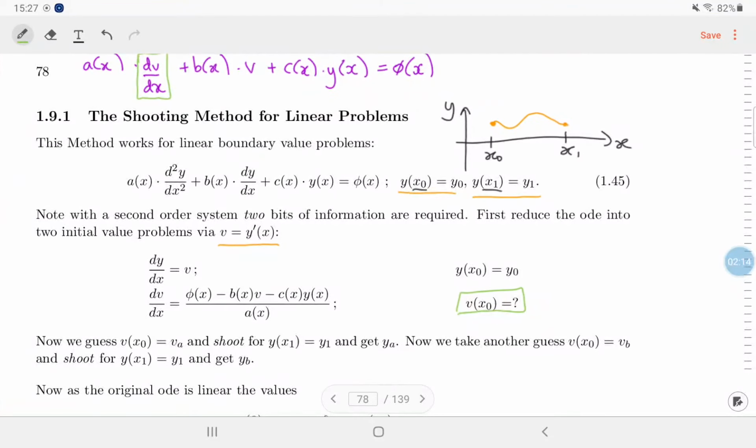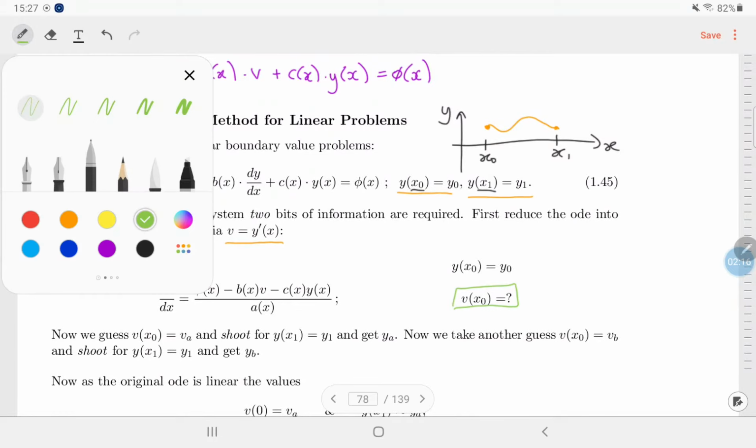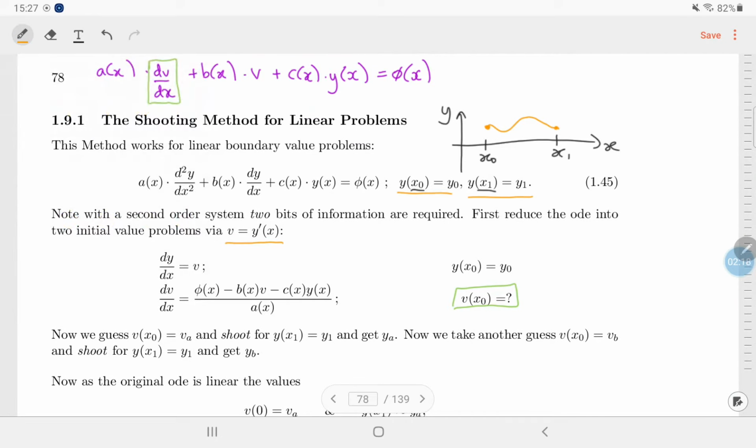I think the fancy word for linear, if we want to explain everything, is that a differential equation is linear if y1 of x is a solution and y2 of x is a solution, then a constant times the first solution plus a constant times the second solution is another solution. I think that's what linear means.